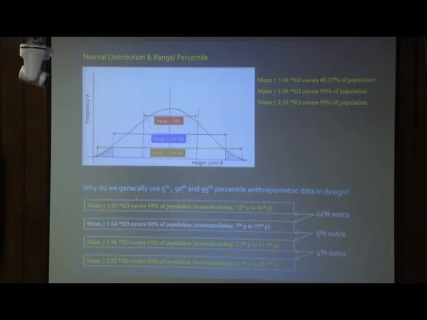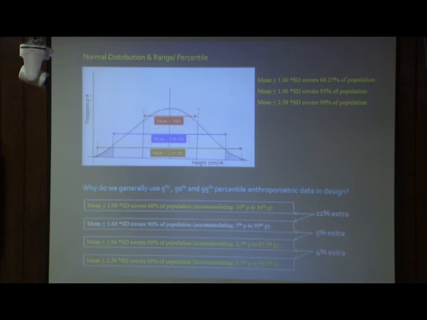Now the question: why do we use the 5th, 50th and 95th percentile? Generally the 50th percentile is for average dimension. We will discuss in detail. So starting from the 5th and ending at the 95th. If we understand this graph, then we can visualize that mean plus minus 1 SD covers 68%.